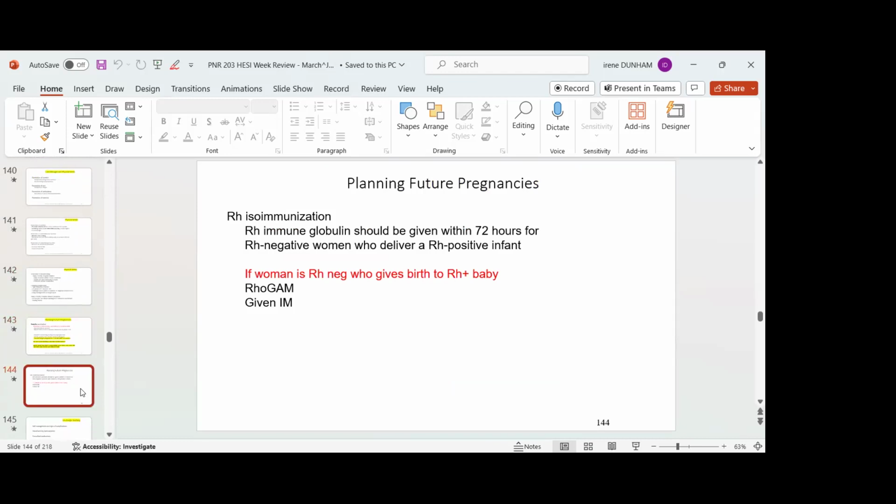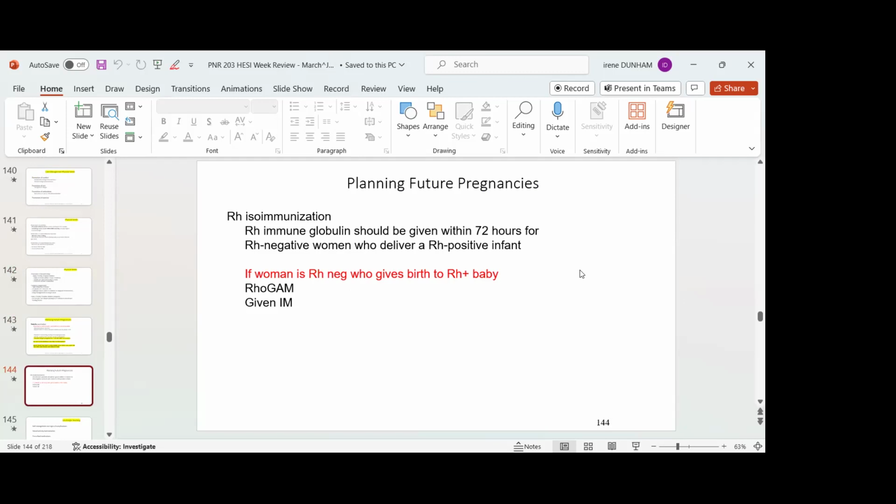They always will have an Rh negative question. If a woman is Rh negative and she's got an Rh positive baby, she has to get RhoGAM. You get it during pregnancy, as we discussed, and also within 72 hours after delivery. When you give her RhoGAM after you deliver, think about it, you're protecting the next pregnancy.